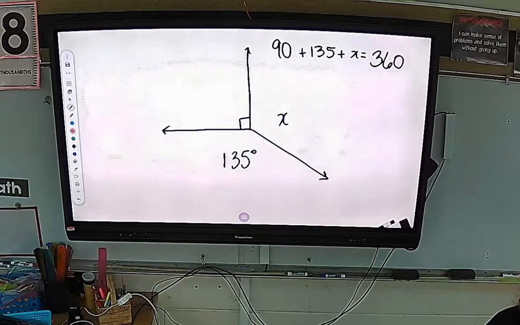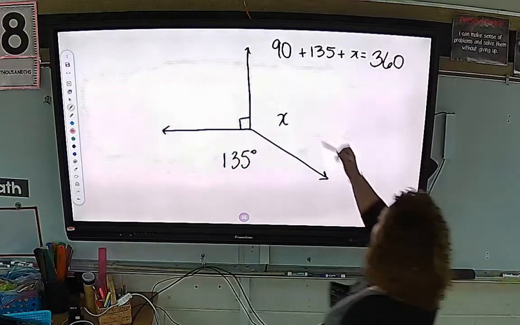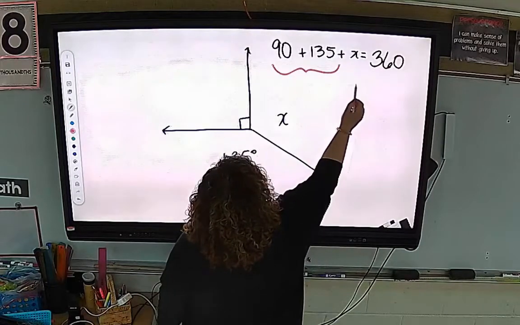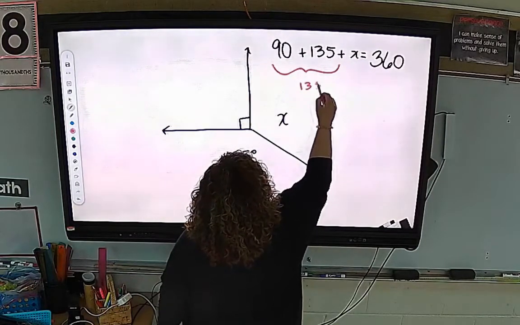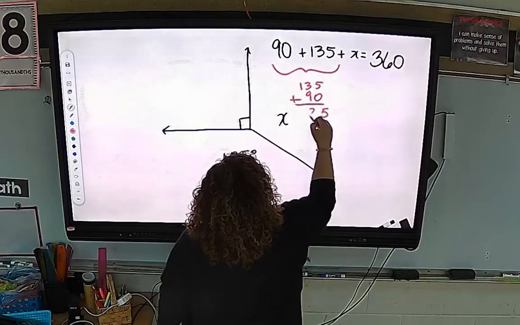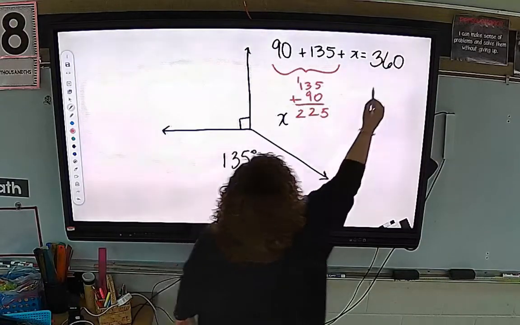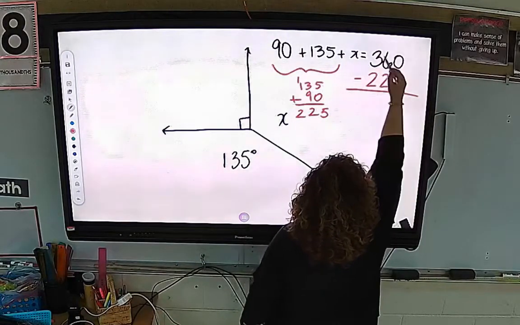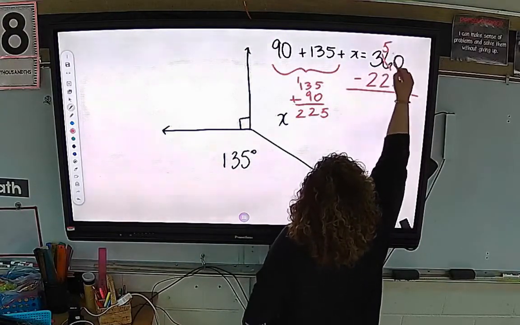It's the same thing we did before. You can add 90 plus 135 and subtract it from 360. I could subtract 225, just subtract once, if you don't like subtracting.